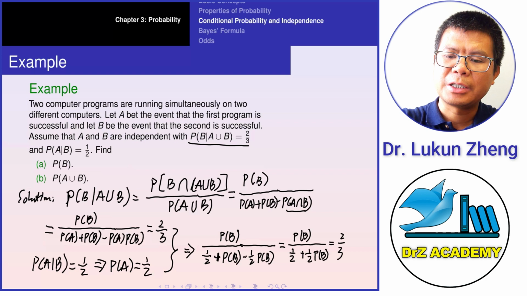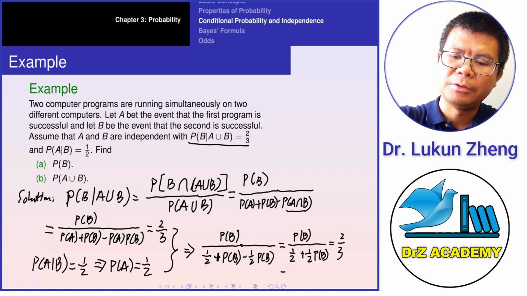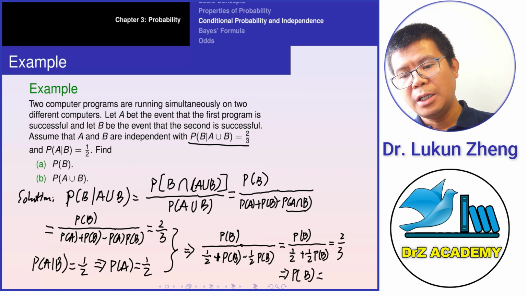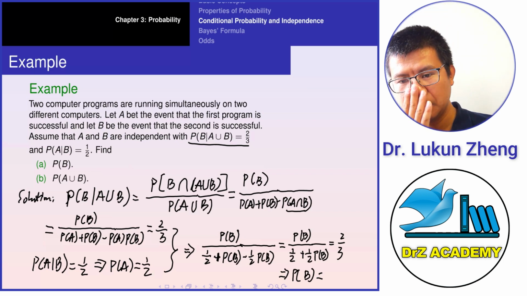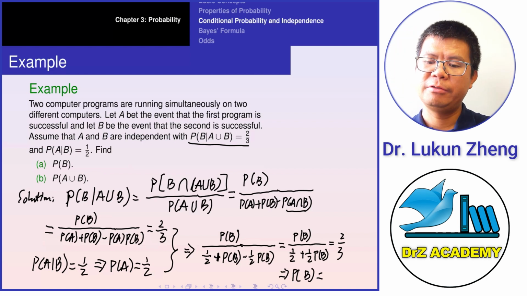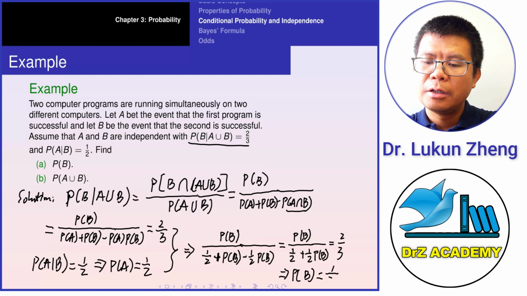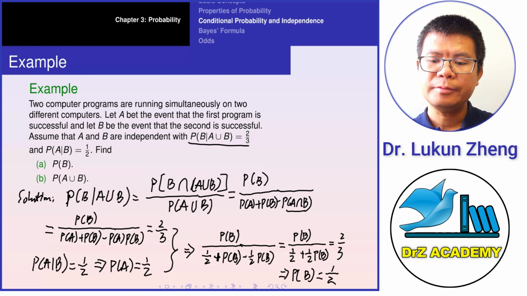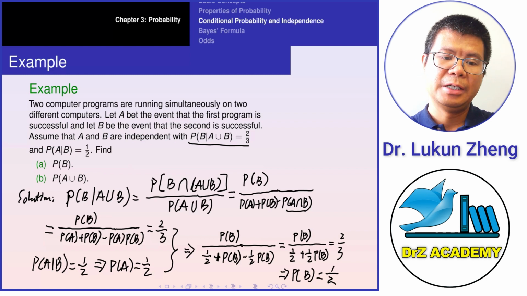Now you can easily find P of B: 3 P of B equals 2 P of B... P of B is 1/2. So that's going to be our part A.